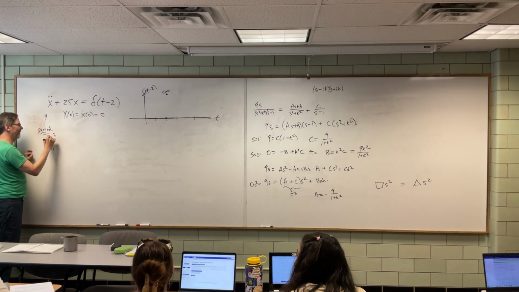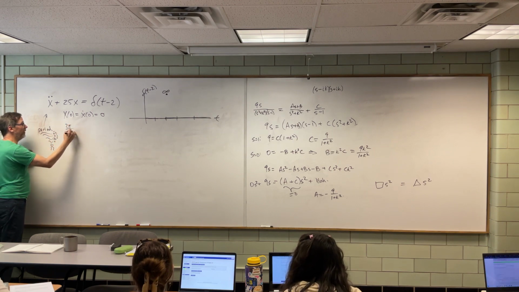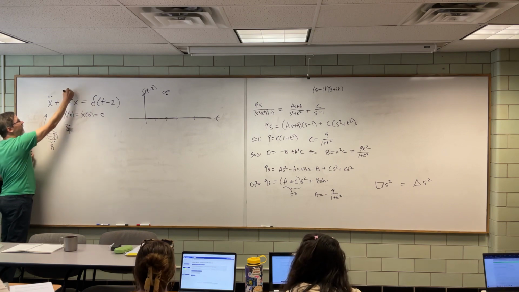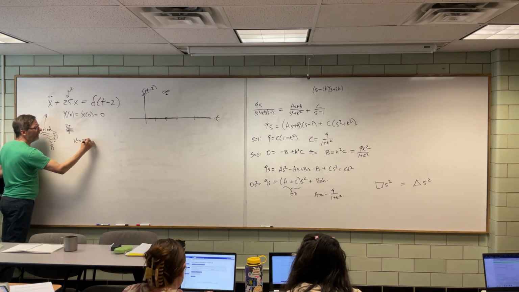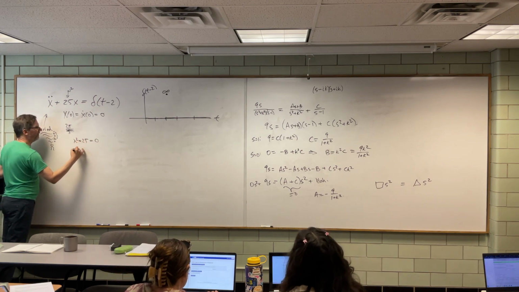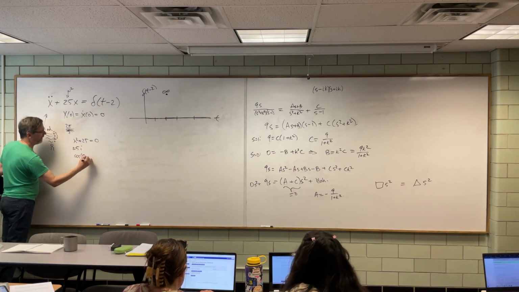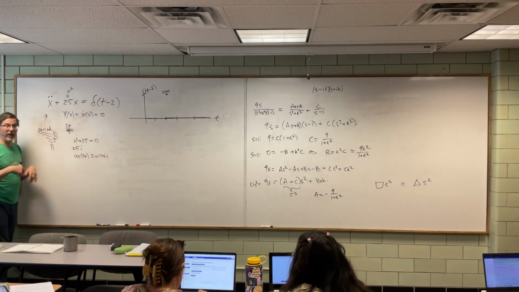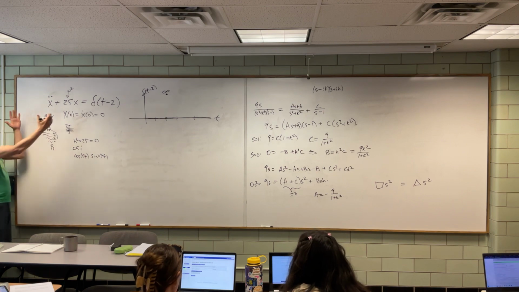Period 2 pi over 5. Right, this thing out here is your omega squared, and when you get your characteristic polynomial you're going to get plus or minus 5i, and then you're going to have cosines of 5t and sines of 5t. And so 2 pi over 5 would be the period of the solution that I expect. It's the natural resonance of whatever this represents.